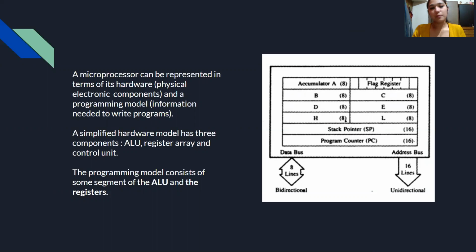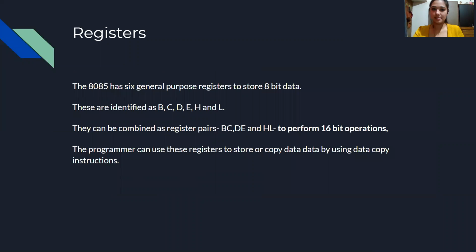The stack pointer and the program counter are 16-bit each. We also have, as in the figure, 16 address lines, which are unidirectional, and 8 data buses, which are bidirectional in nature. One by one, we'll be discussing each of the components of the programming model and its functionality, and if necessary, we'll take up a problem and discuss programs.